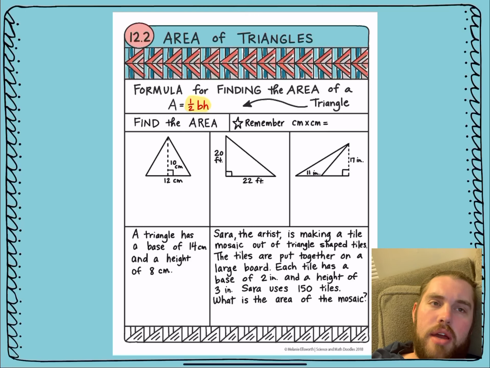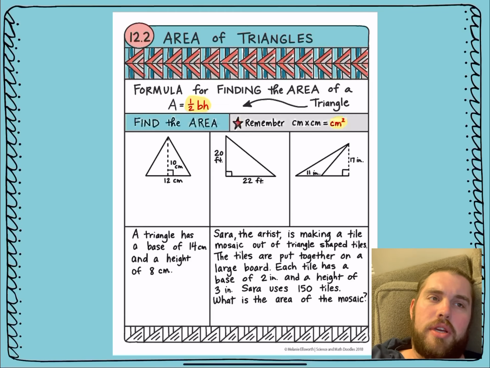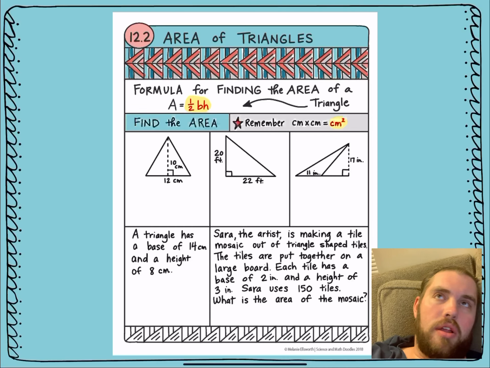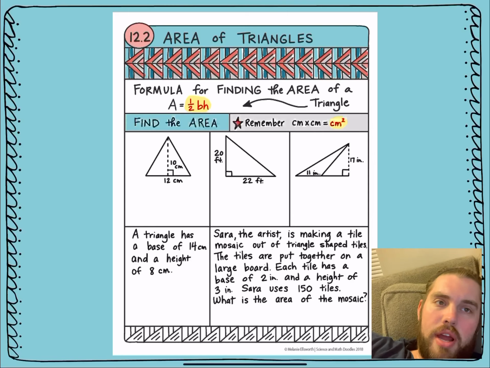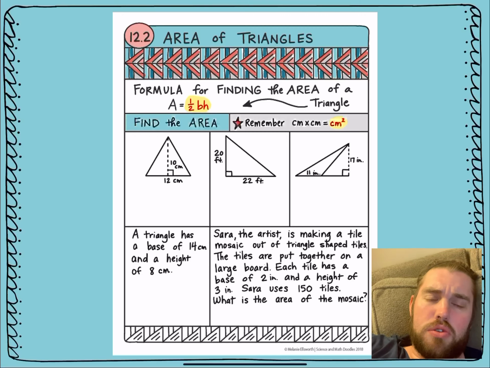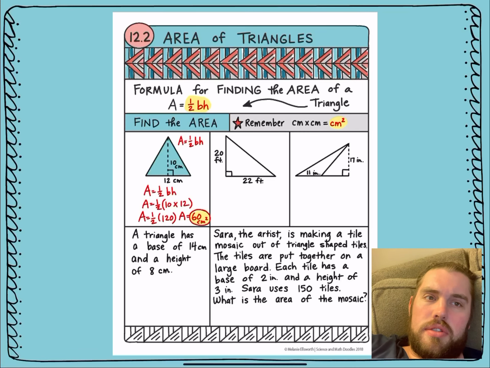So we take the base times the height, and then we either multiply by 1/2, or I like to say I divide by 2 to find the area, because the area of a triangle is always going to be half of what the area of the rectangle or parallelogram or quadrilateral would be. So just know that you're multiplying by 1/2 or dividing by 2 because it's always half of that rectangle.